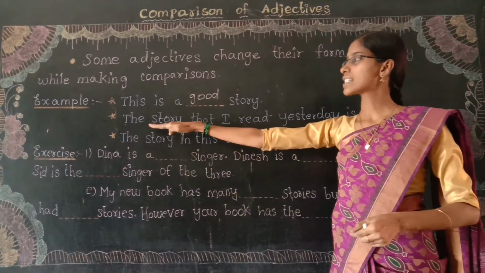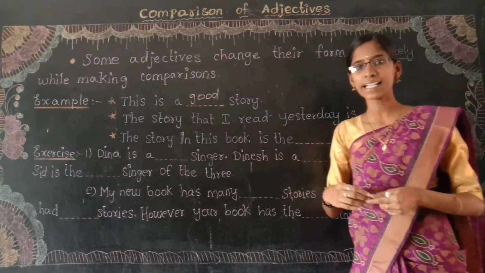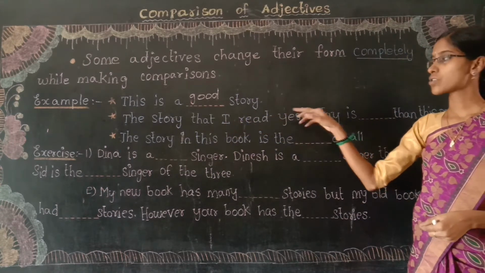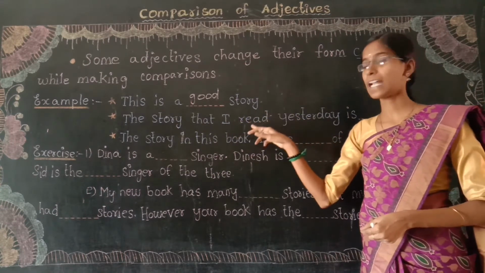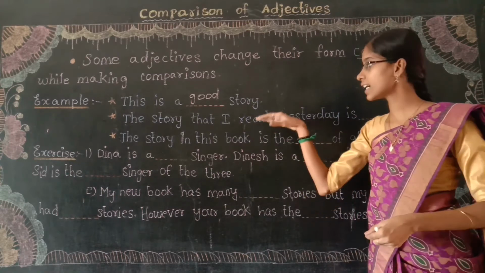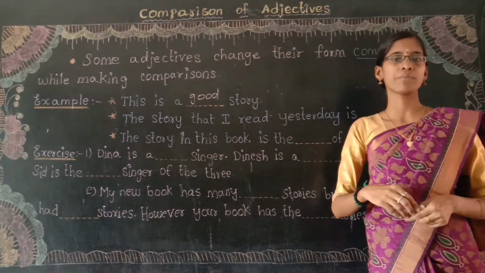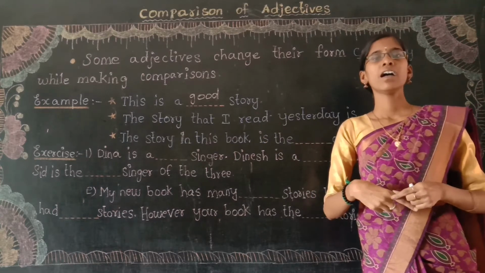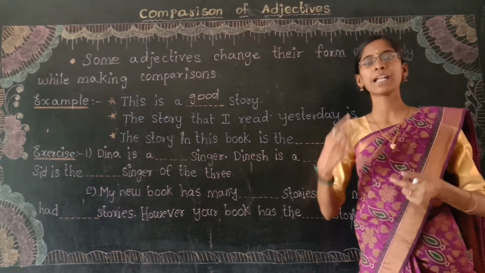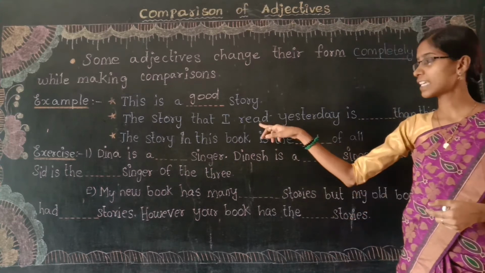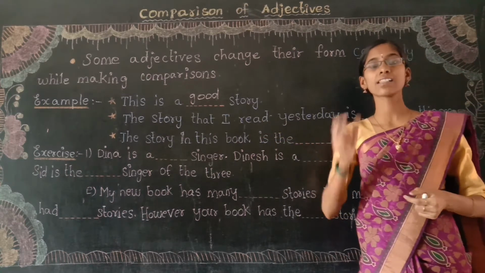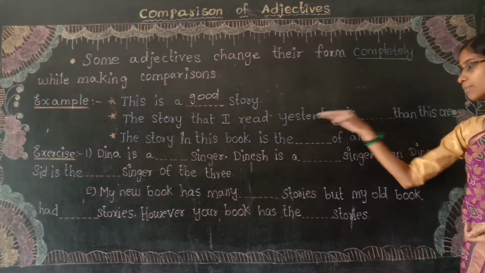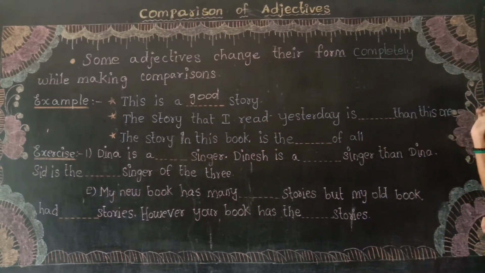Now coming to the second sentence. So what is the second sentence given here? The story that I read yesterday. So you have to pronounce it as read, because here it is given in the past form. So both for the past form as well as the present form, the spelling is the same but the pronunciation differs. Okay. So here you have to read it as read. The story that I read yesterday is dash than this one.